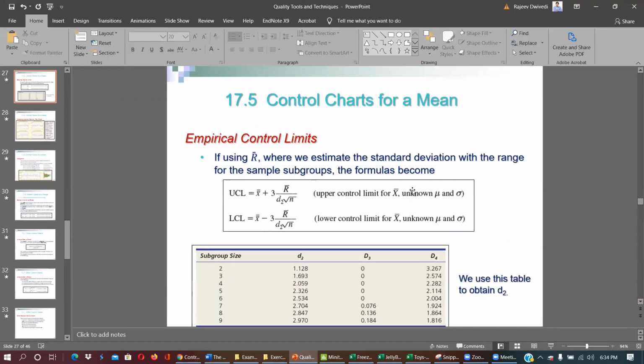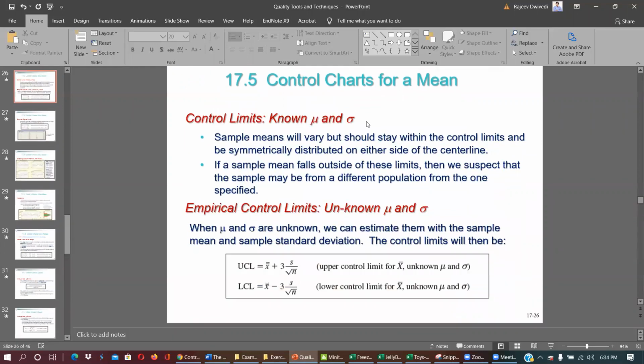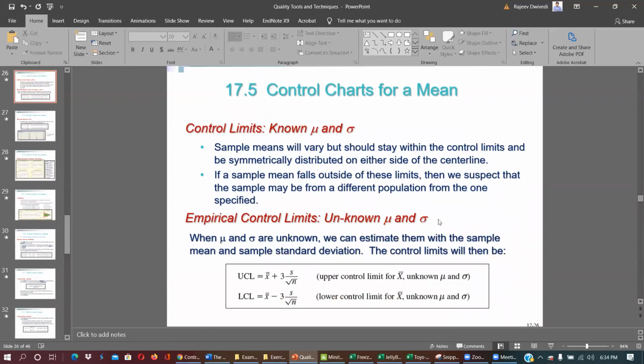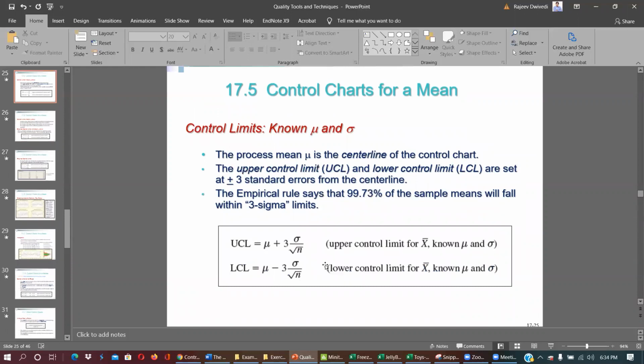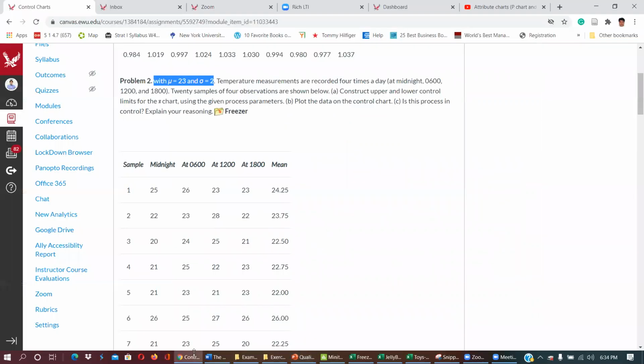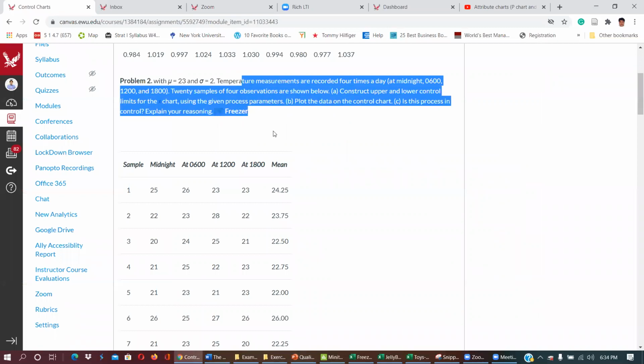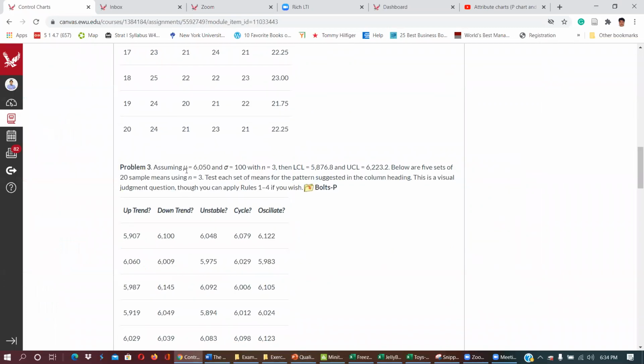So this is for if you have unknown mu and sigma. If you have known ones, this is how you can define the UCL and the lower control limit. You can also do this automatically. Mu and sigma and the LCL and UCL are given.